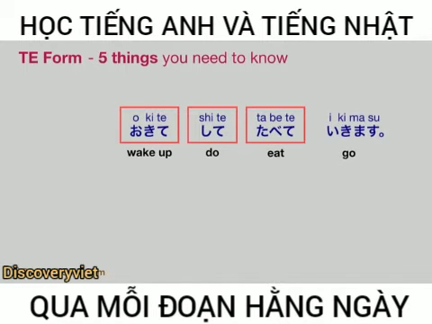Point number 4. Te form doesn't have any tense. It's completely neutral. It can be future tense, present tense, or past tense. It's all determined by the end of the sentence. For example, take a look at this sentence. It ends with ikimasu, right?